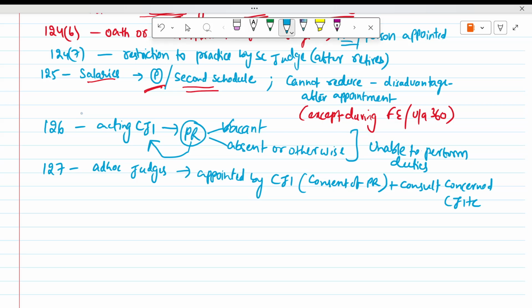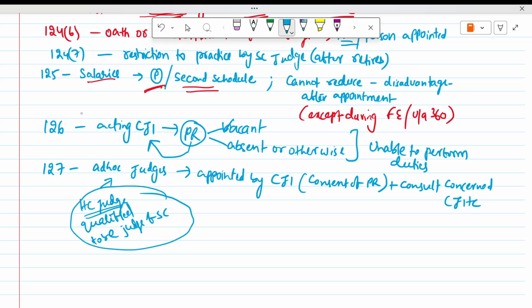Who is an ad hoc judge? Any High Court judge qualified to be a judge of the Supreme Court. He can be appointed as ad hoc judge by the CJ, who should take the permission of the CJ of the High Court and also consult the President. That is an ad hoc judge.